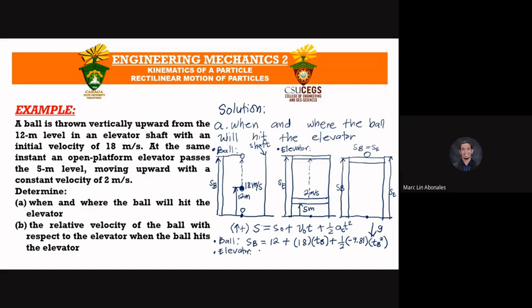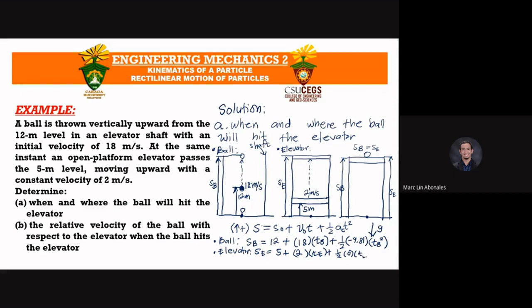The same equation, SE, that is your final position of your open platform elevator. Initial position is 5 meters. Initial velocity is 2. TE. And for this one, sa third term, kung asa naa ang constant acceleration, ang imuhang acceleration ana is equal to 0.